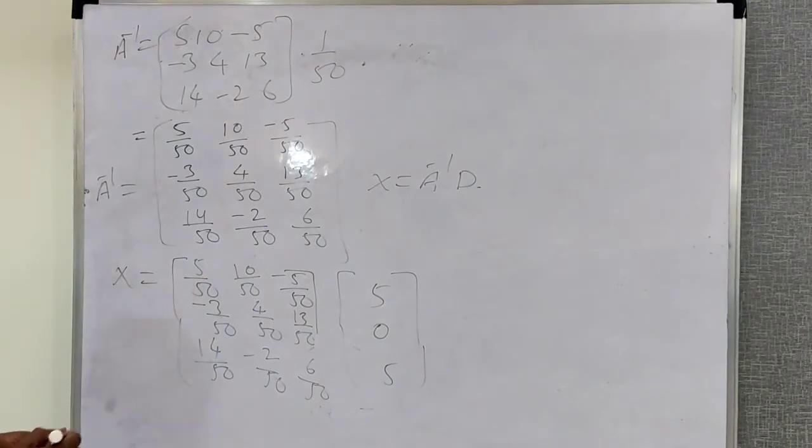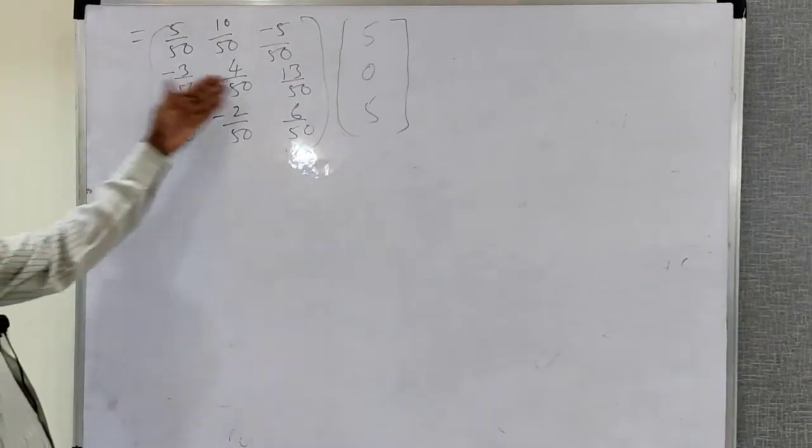So multiply with this. So friends, this is A inverse and this is D.